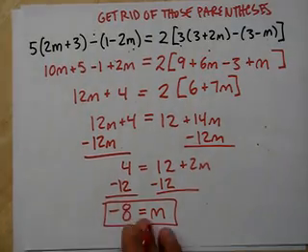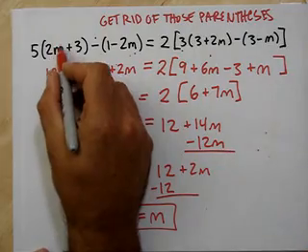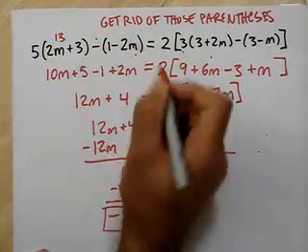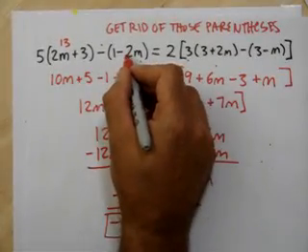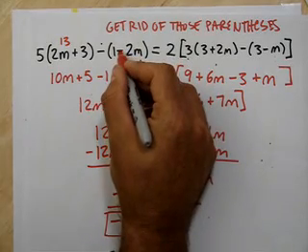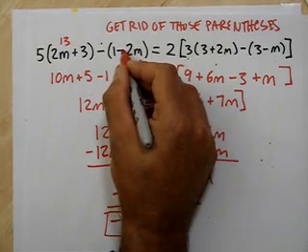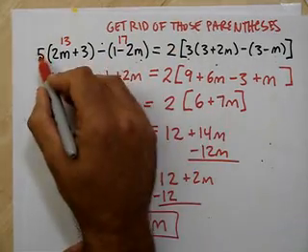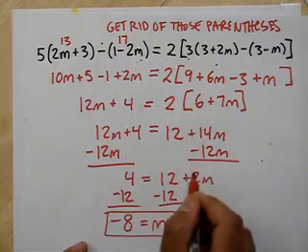Here we go. Ready? Negative 8. 2 times negative 8 is negative 16. Negative 16 plus 3 is negative 13. Minus 1 minus 2 times negative 8. 2 times negative 8 is negative 16. Minus a negative 16 would be plus 16. 1 plus 16 would be 17. So 5 times 13 minus 17.